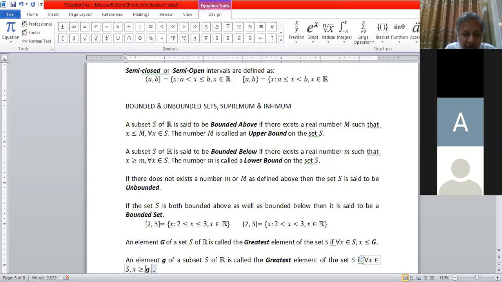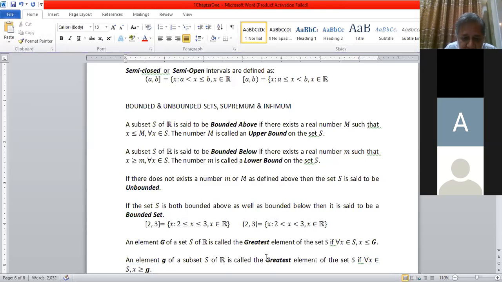It has to be equal to some element of the set, and all the rest of the elements of the set should be greater than that. So again here, I cannot tell what is the smallest element of the set. But in this case, we can say that 3 is the largest element or the greatest element and 2 is the smallest element.